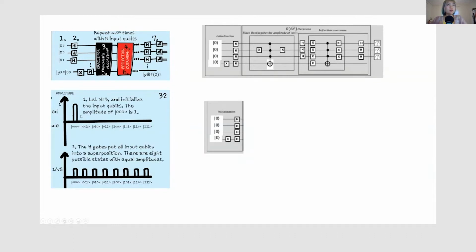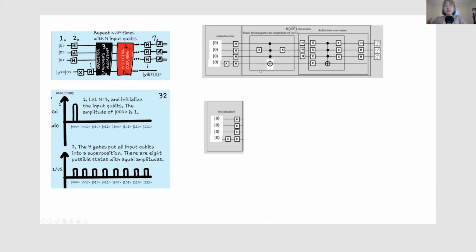When you start with just zeros in your system, you will have this maximum amplitude for 0, 0, 0. The other options are not there. But if you scramble them with the H gates, they would make all of your qubits into a superposition of 0 and 1s. Then you have all of these possibilities in superposition, and they all have equal amplitudes. That's what this part does.